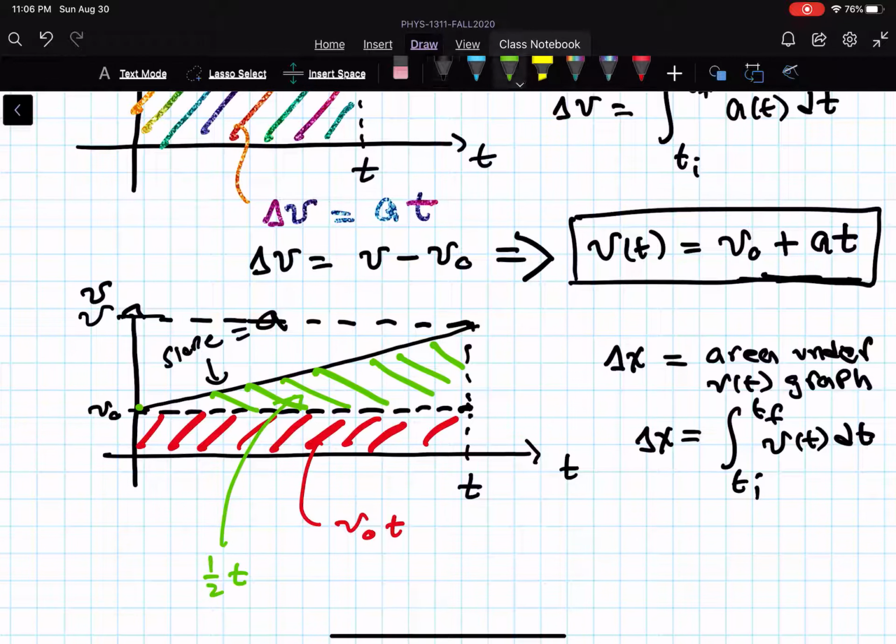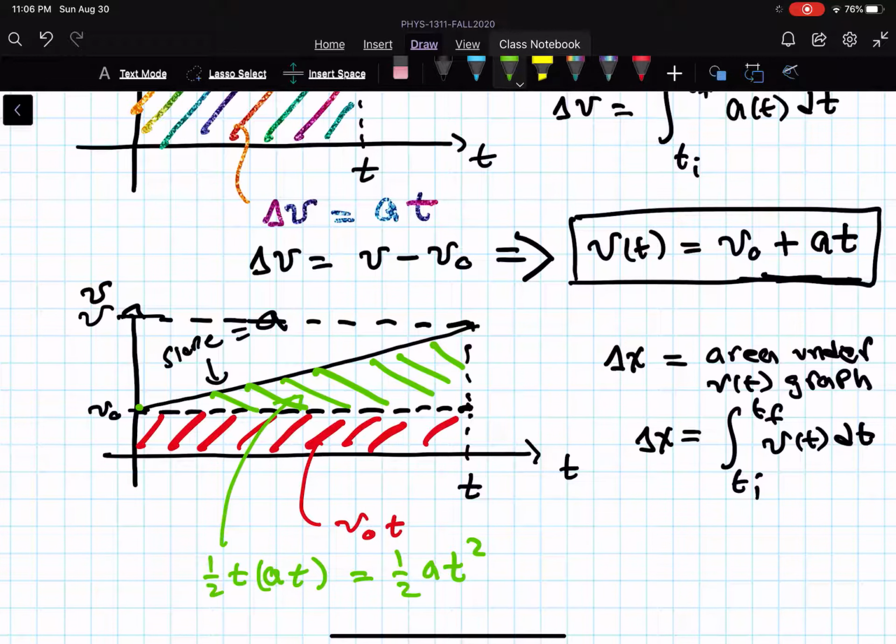And so I can figure out what this delta v is. It's just going to be a times t. That's the amount by which my velocity increases over a duration t. And so that's just 1/2 a t squared.